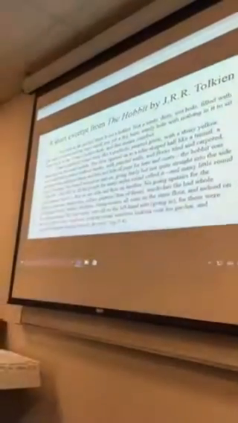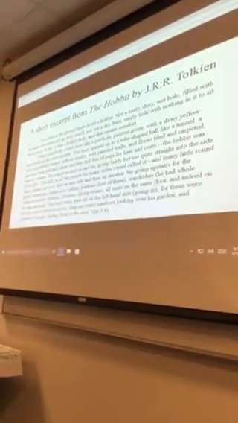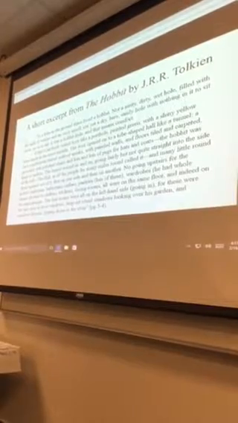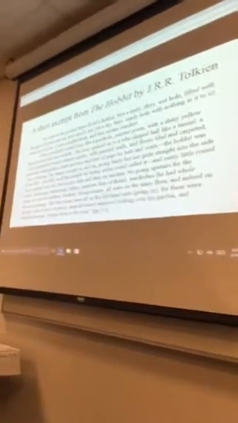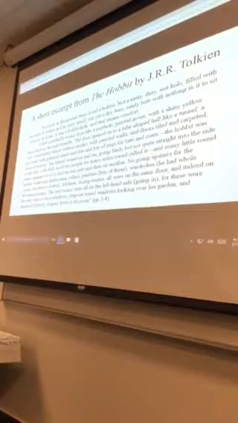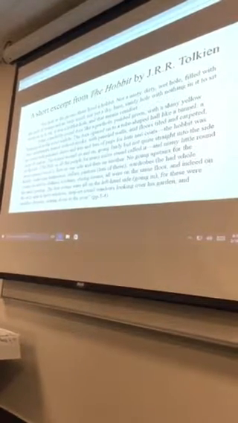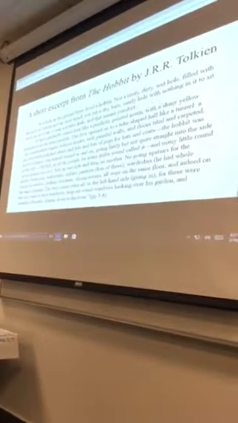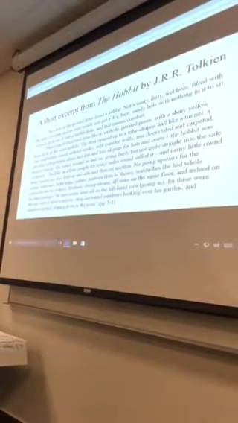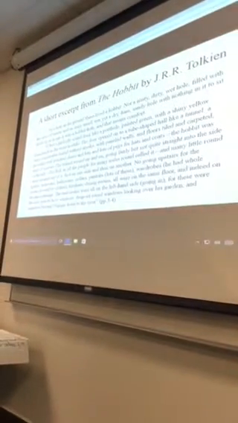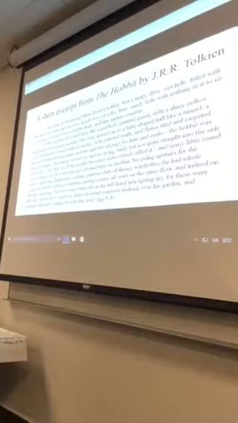So our text is the first page of The Hobbit by Tolkien, and I will start reading. In a hole in the ground there lived a hobbit. Not a nasty, dirty, wet hole filled with the ends of worms and an oozy smell, nor yet a dry, bare, sandy hole with nothing in it to sit down on or to eat.